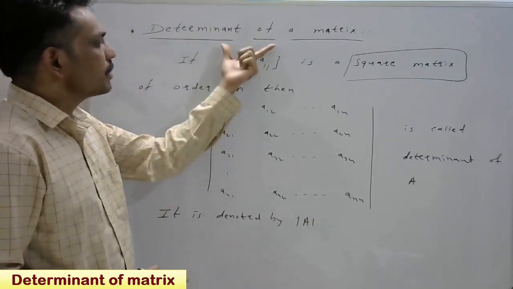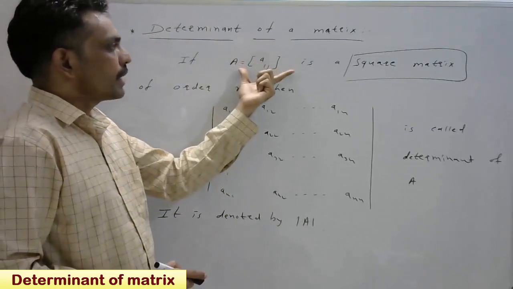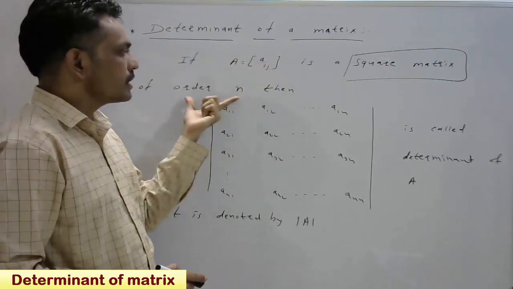So in the definition of the determinant, a matrix is a square matrix of order n.